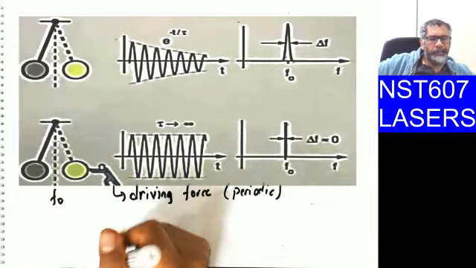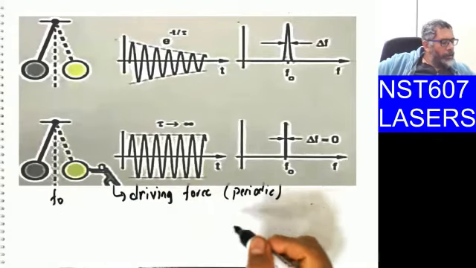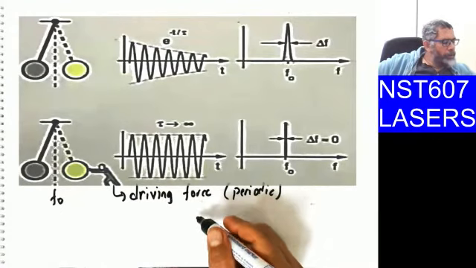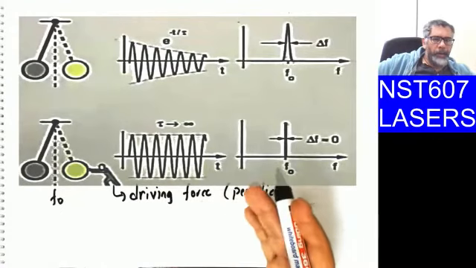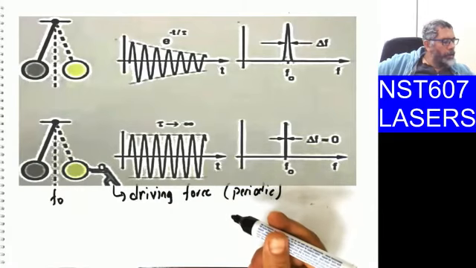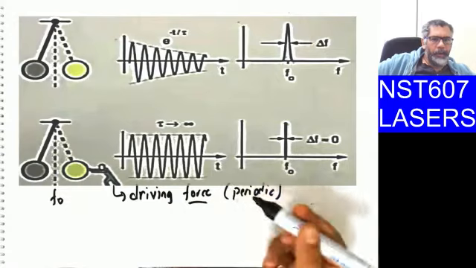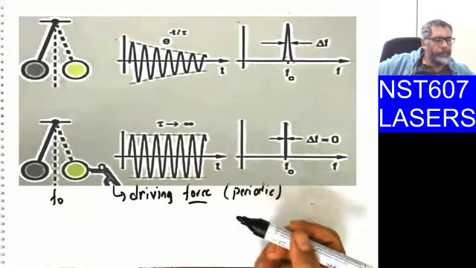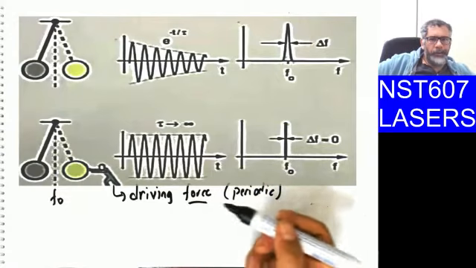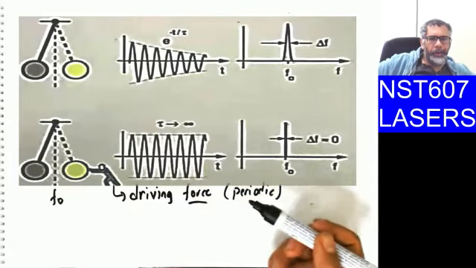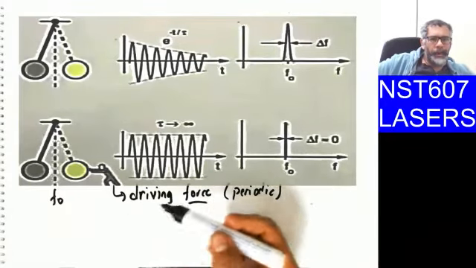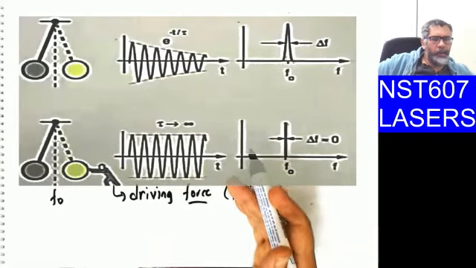On the other hand, if you have a force that is sinusoidal in nature, this will have its own frequency, because whenever there is a period, there is always a frequency.